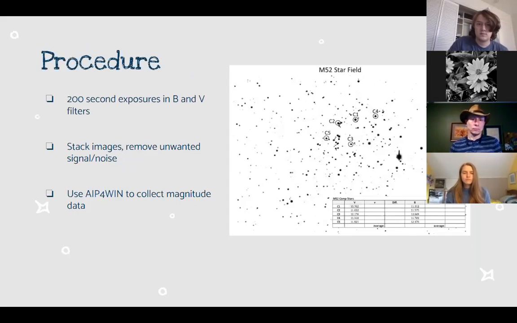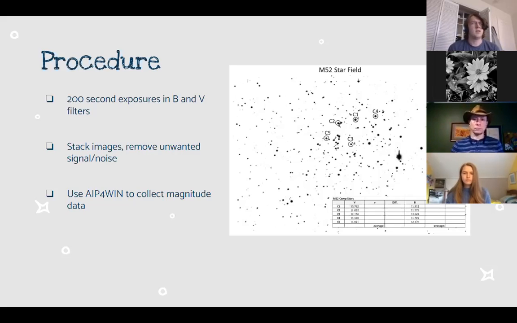Okay, so what we did is that we were trying to find the distance from Earth to the M52 star field. How we did that is that we took 200-second exposures in two different light filters. And we took many pictures.